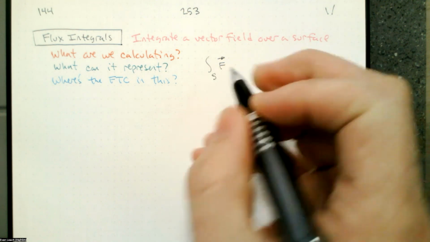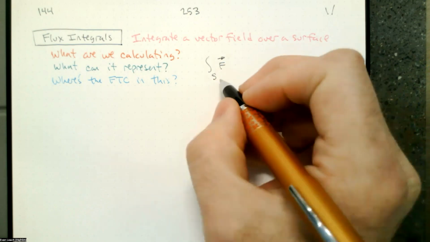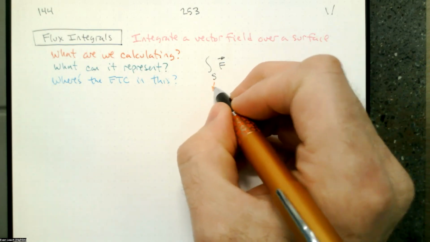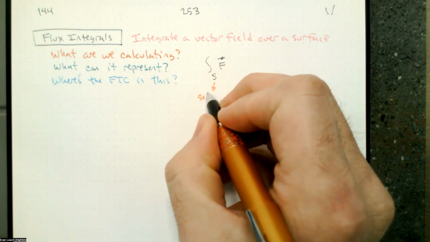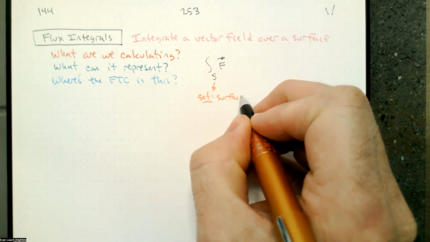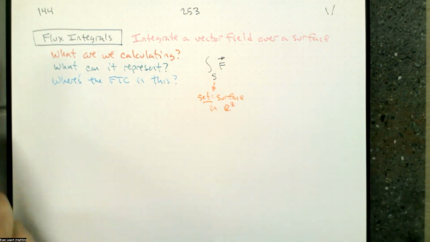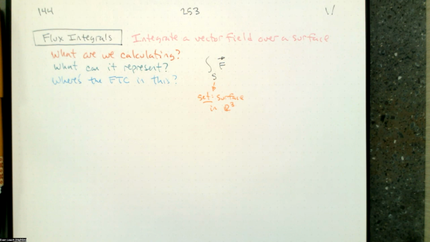So I'm going to say integral over S. S is going to be some surface in R3. The set over which we're integrating is a surface. Specifically, we'll be putting our surface in R3.